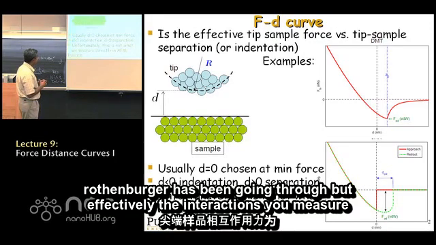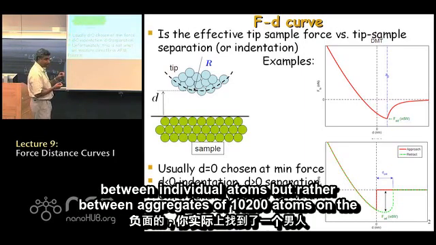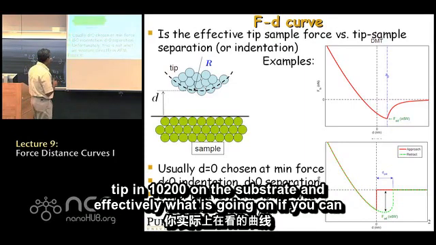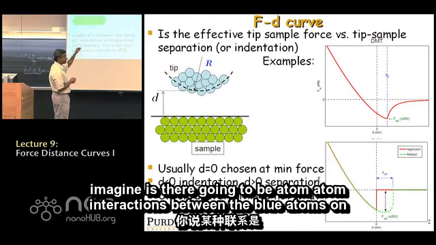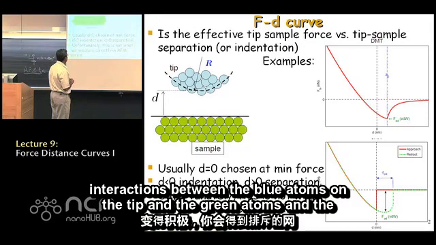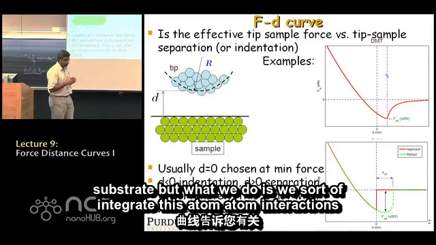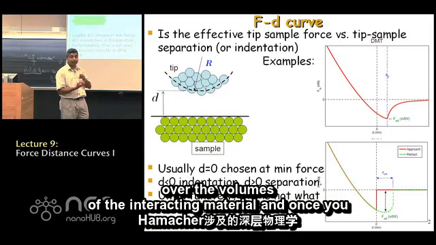Effectively, the interactions you measure in atomic force microscopy are not between individual atoms, but rather between aggregates of 10 to 100 atoms on the tip and 10 to 100 atoms on the substrate. If you can imagine, there are atom-atom interactions between the blue atoms on the tip and the green atoms on the substrate. But what we do is integrate these atom-atom interactions over the volumes of the interacting material.